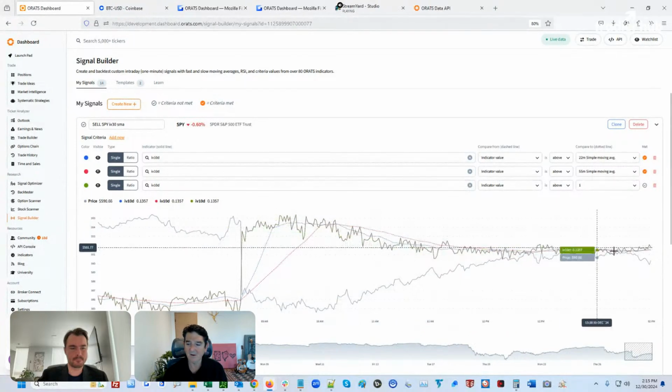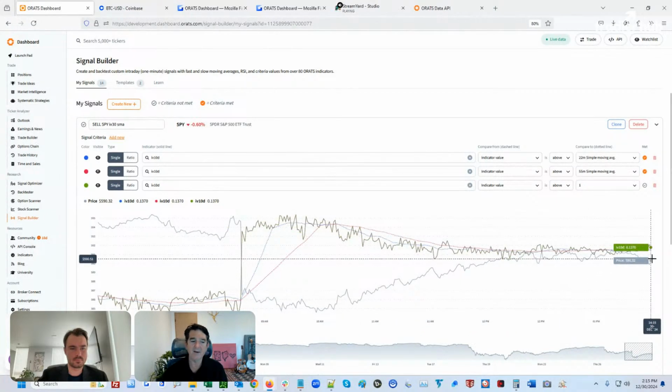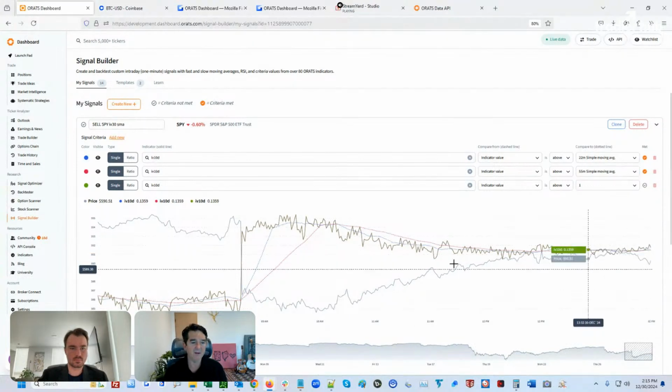And now you could download these live and create signals. And we're always working on signals. So hopefully we'll get this signal builder integrated in some type of webhooks in the coming months.